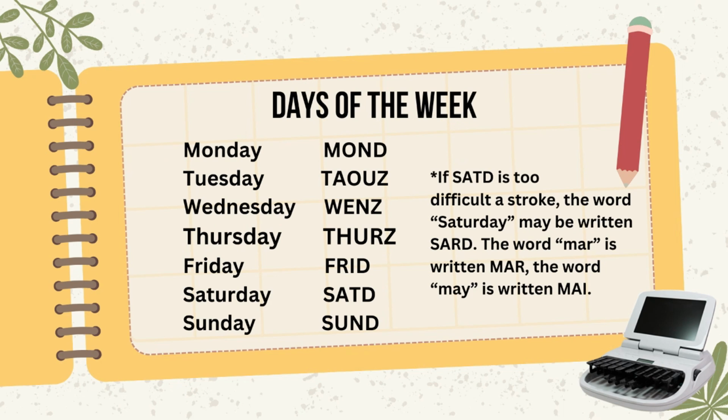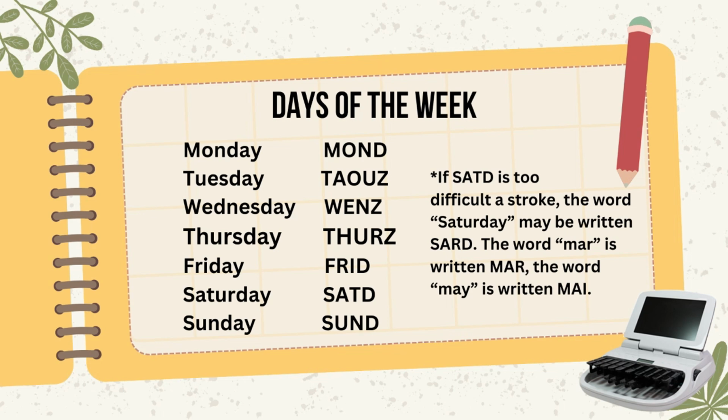Now, let's proceed to days of the week. We have Monday, Tuesday, Wednesday, Thursday, Friday, Saturday, and Sunday. It's very important that we memorize how these days of the week should be written, so it's easy for us to write them when these words appear in the dictation.